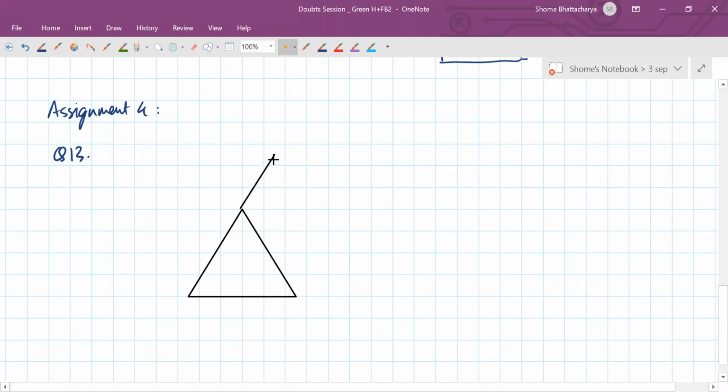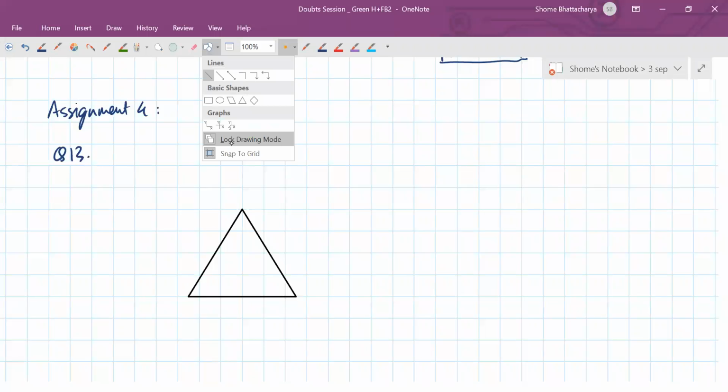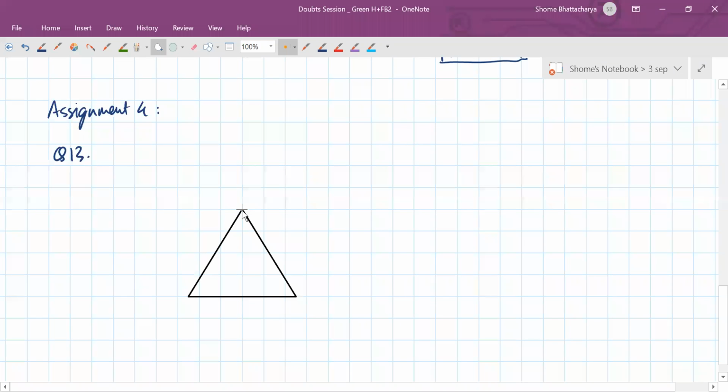So as I was telling you, start by drawing the hexagon.